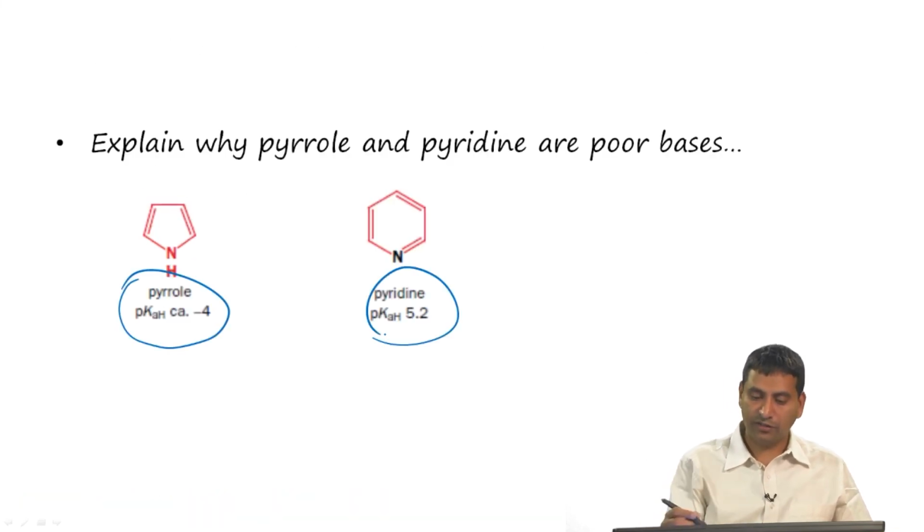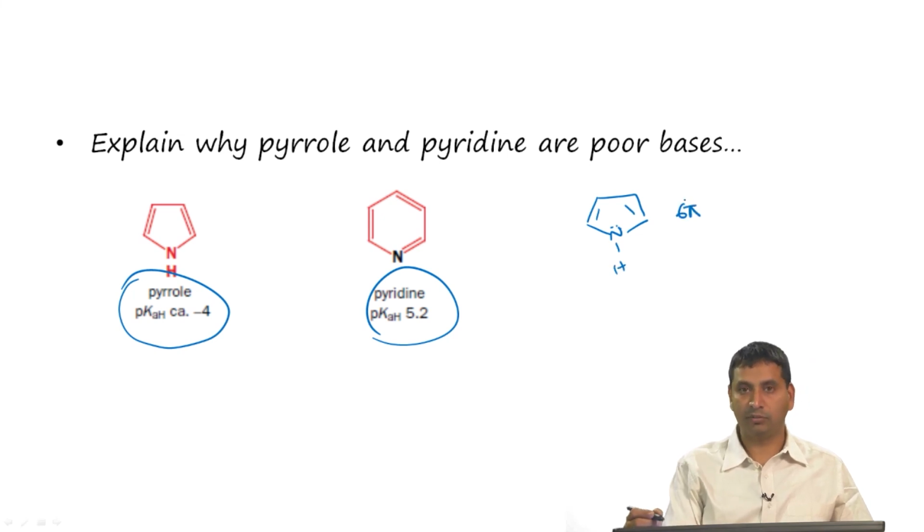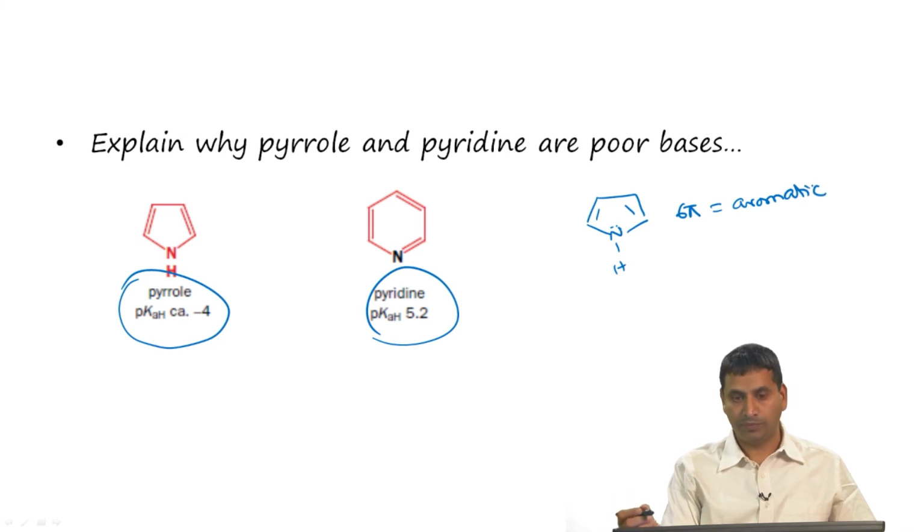The way we understand this is that pyrrole has its lone pair involved in resonance and it can form a 6 pi aromatic system if I include the lone pair, and therefore, this lone pair is not something that is easy to donate.